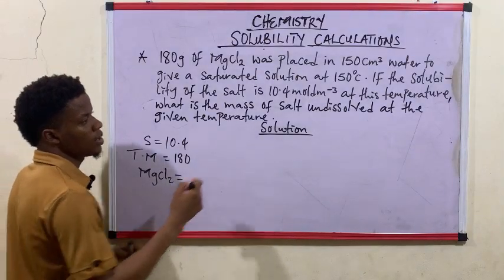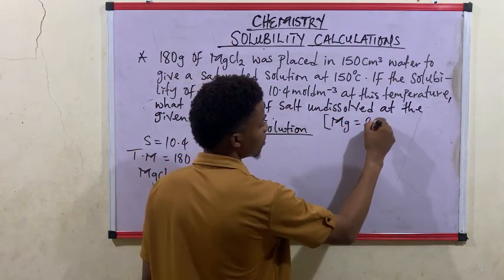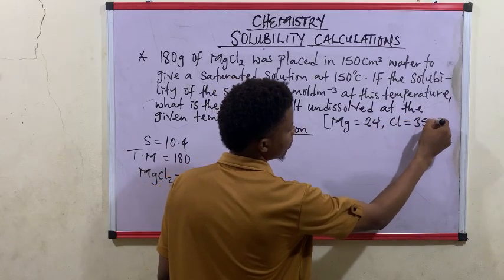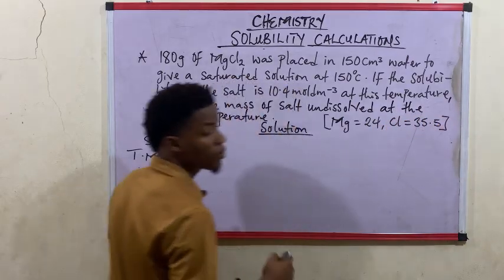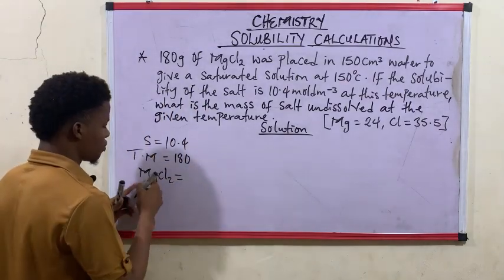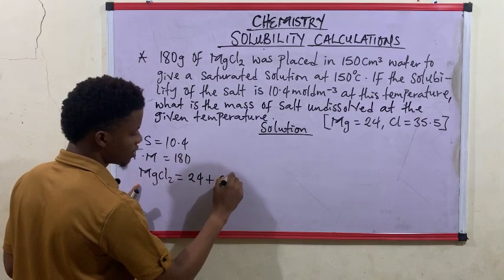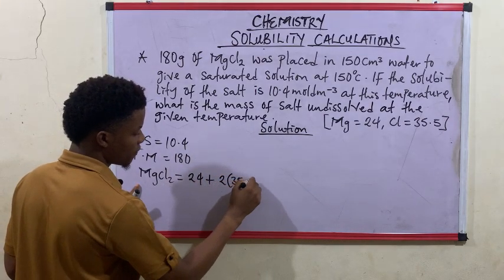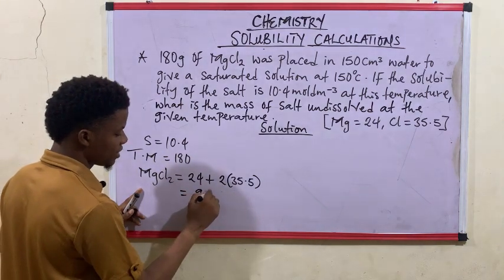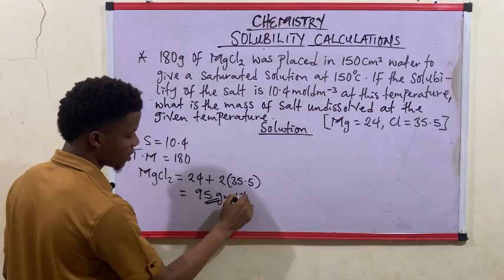Please, before then, take note that the atomic mass of magnesium is 24, chlorine is 35.5. Please don't forget that. So we're just going to add up: 24 plus 2 times 35.5. When you do this in your calculator, you're going to get 95 gram per mole. So this is the molecular mass.